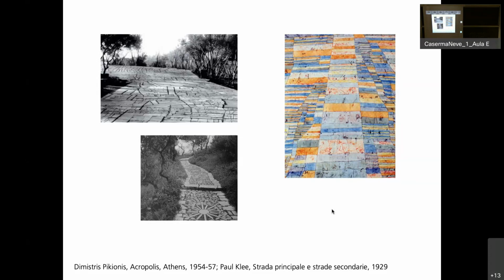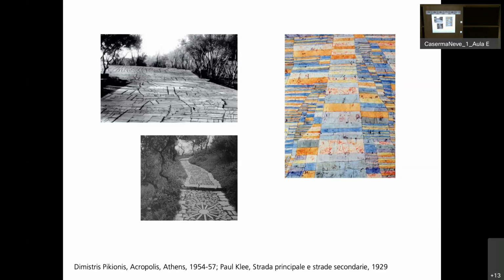And the very major project by Dimitris Pikionis, that is his capolavoro, his major work, is this path running around the Acropolis of Athens. And that is realized through the reuse of existing stones together with new stones.